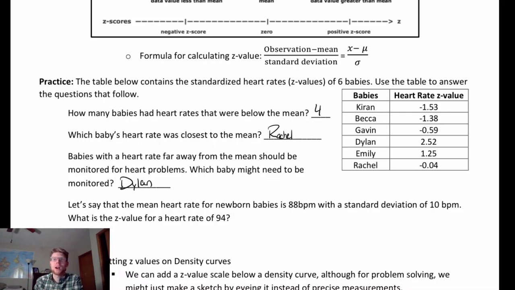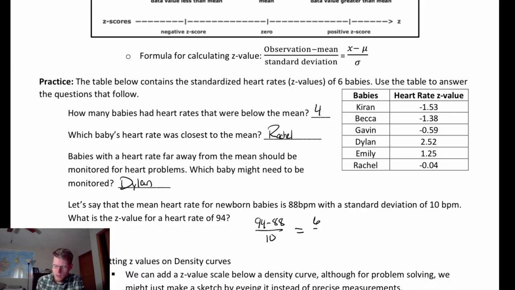Let's say that the mean heart rate for newborn babies is 88 beats per minute with a standard deviation of 10. What would be the z-value for a heart rate of 94? The question I'm asking here is how many standard deviations above the mean or away from the mean is 94? I can do that by finding the raw distance from the mean and then dividing by the standard deviation.